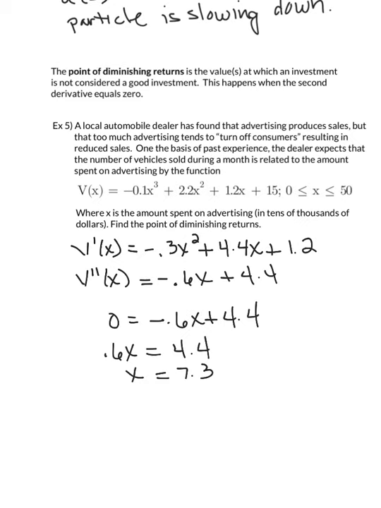It's 7.3 10,000s. So if you take that times 10,000, 73,000 would be where you have reached your point of diminishing returns. If you spend more than that, you will have turned off consumers.